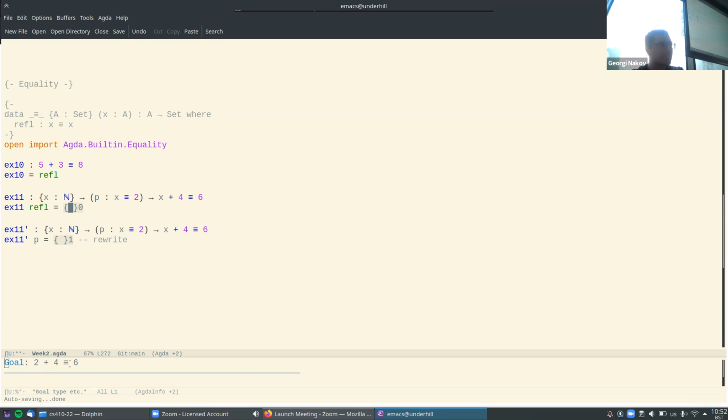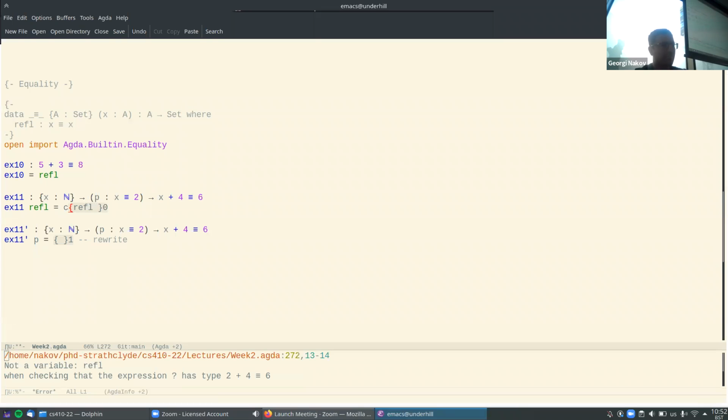This next REFL we're about to find is a different REFL from the previous REFL. Yes. This REFL is 2 equals 2. This REFL is 6 equals 6. So yes, you can see now this goal is going to compute, right? That goal becomes 6 equals 6.